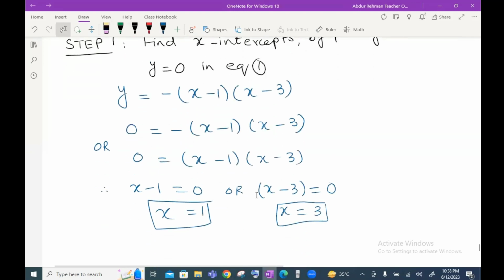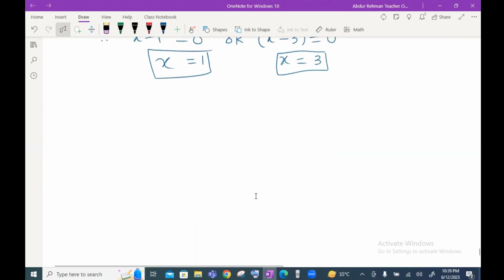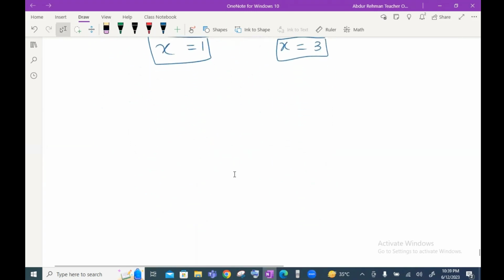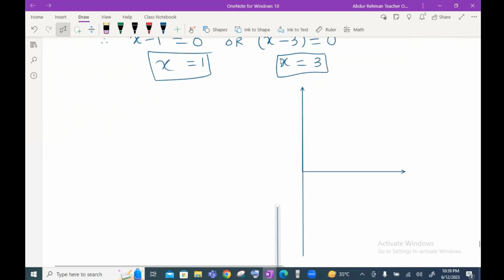Before step number 2, I'm going to sketch this function. For this, draw x-axis and y-axis. Now this is x equal to 1, x equal to 3.